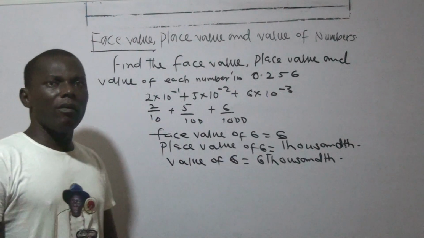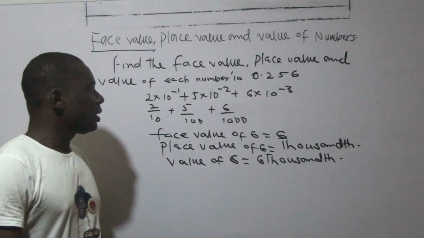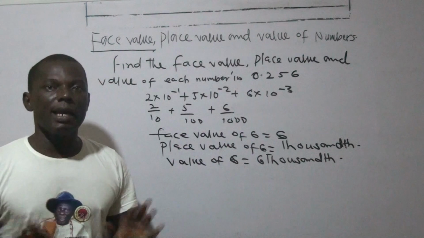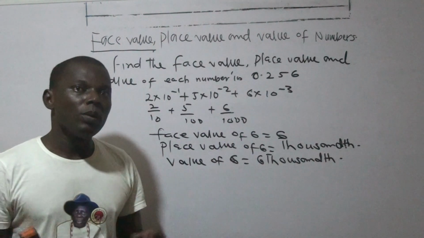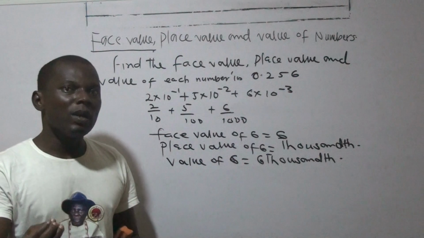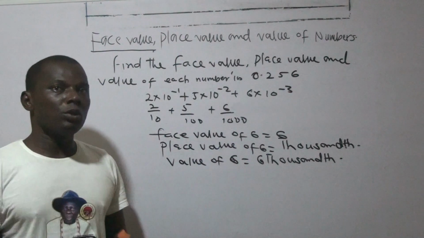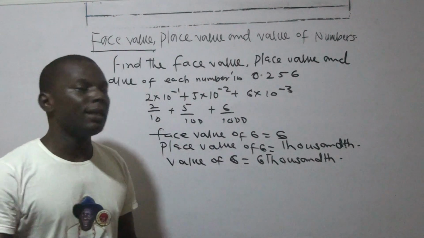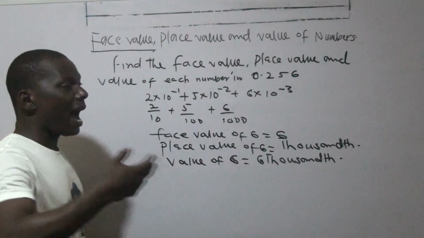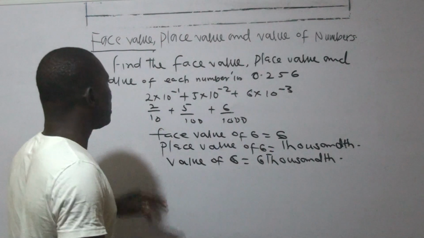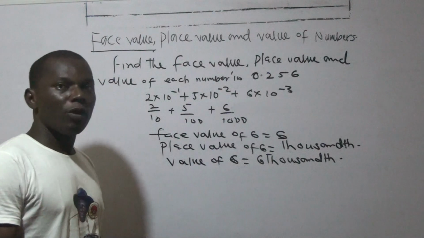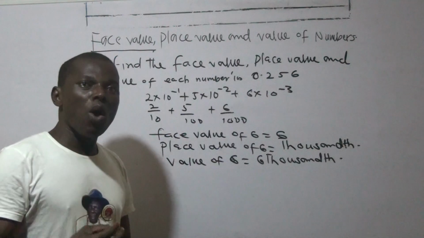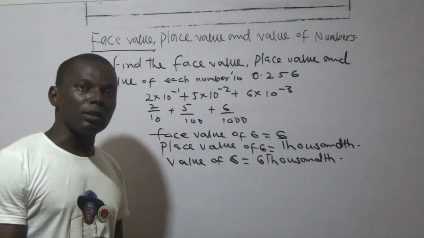So it is now clear, very obvious, that the idea of bringing face value is for us to explain clearly that there is a difference between place value and value of a number. The place value is just asking us what is the position of the number actually mentioned.